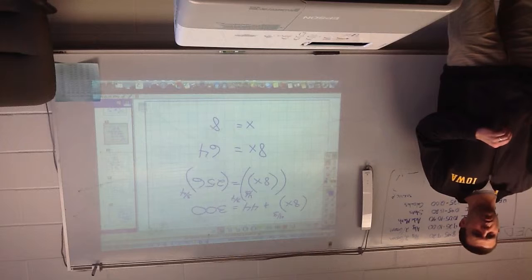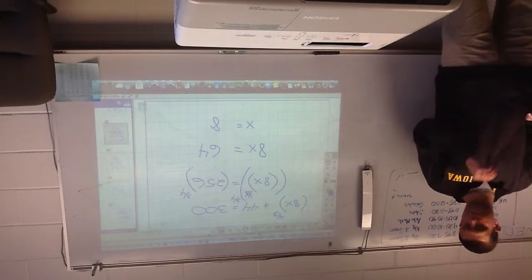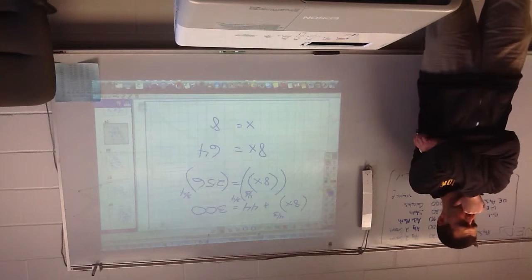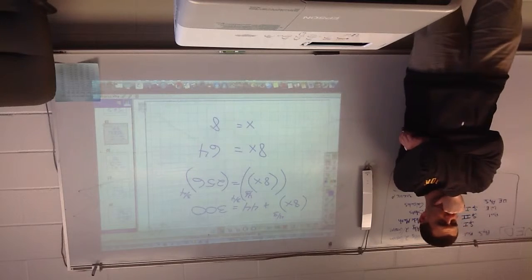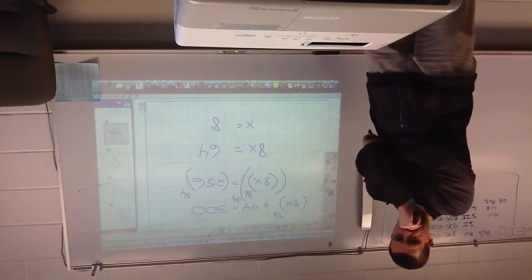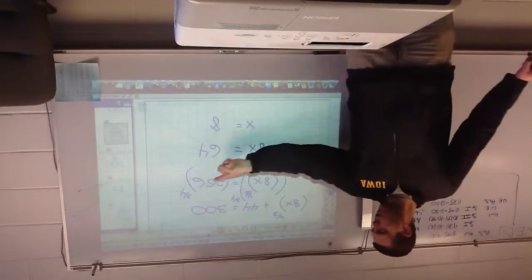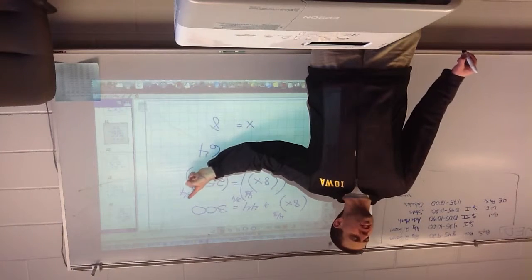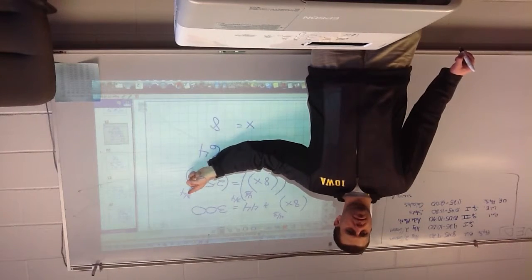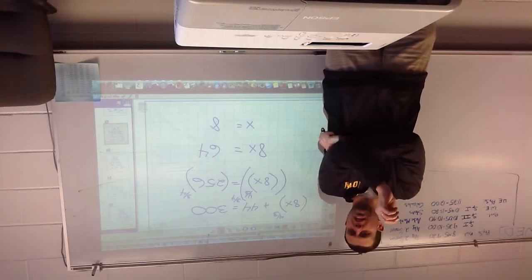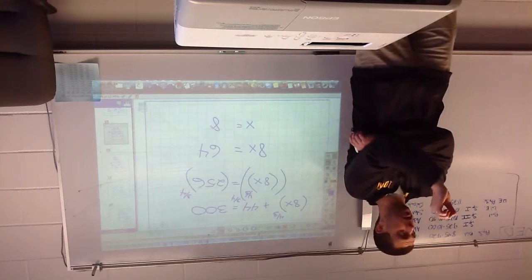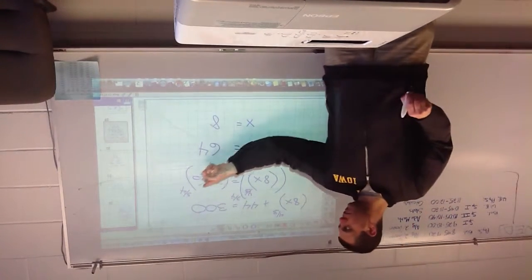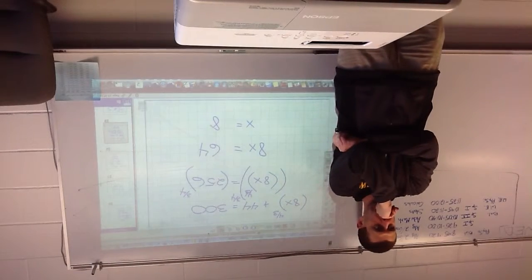Plus or minus y. Oh, because the 3/4 power is really a 4th root of this cube, right?